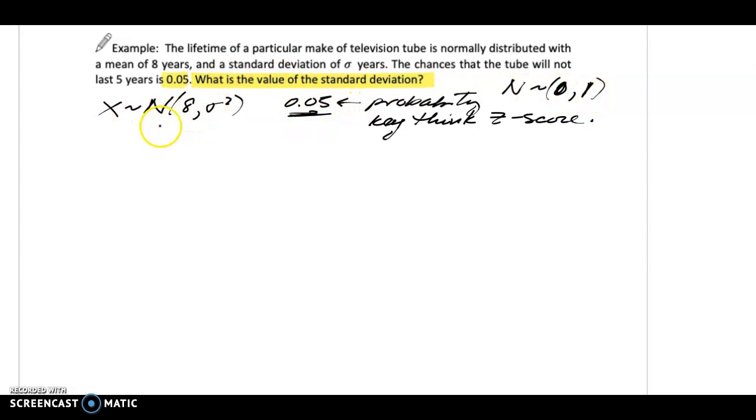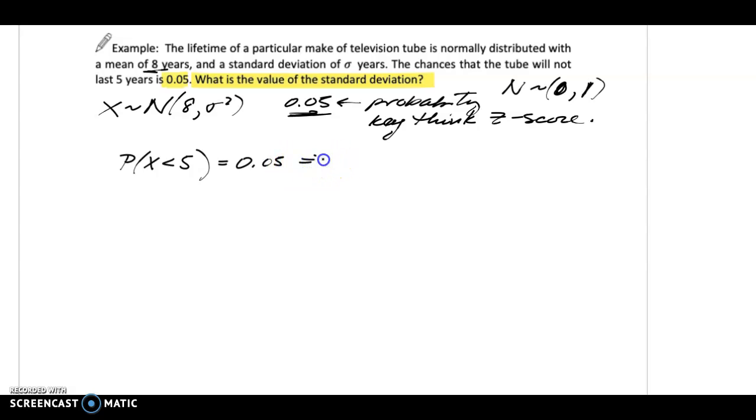You actually would need to put this into a Z-score. So what we would have is X is less than 5, so less than 5 years, which has a probability of 0.05.